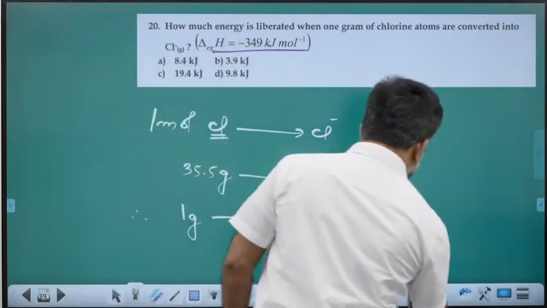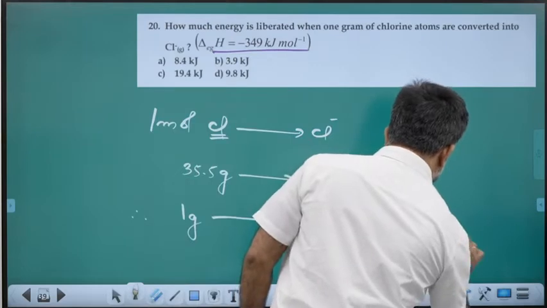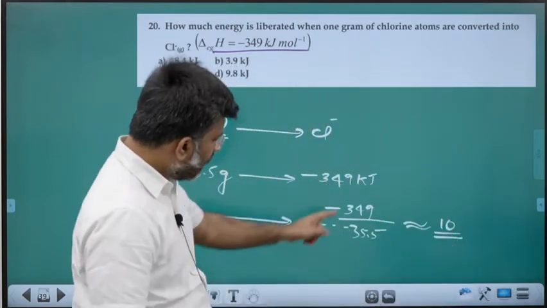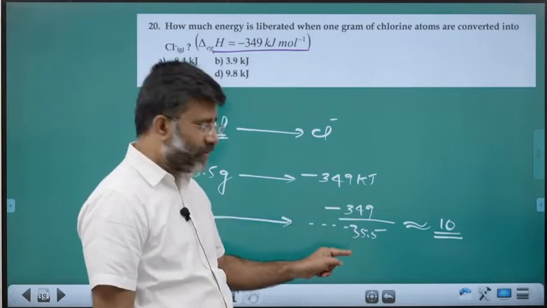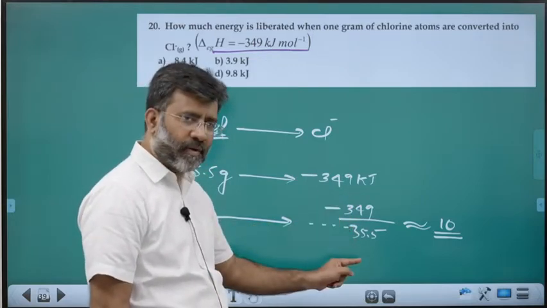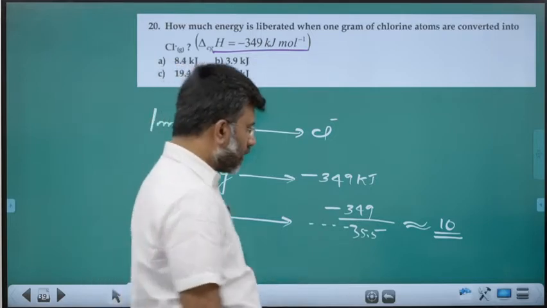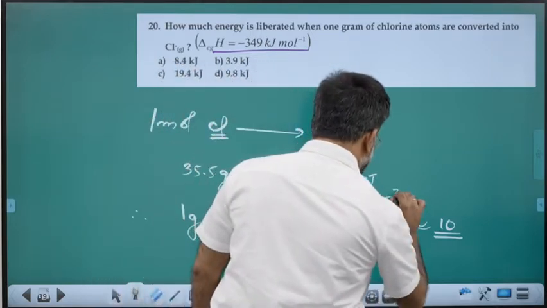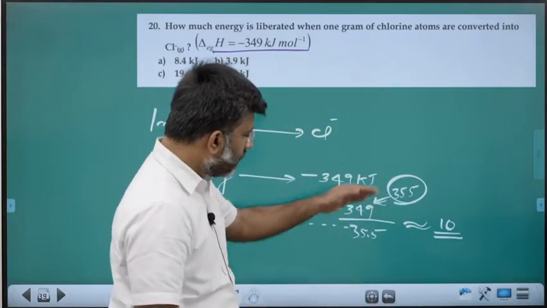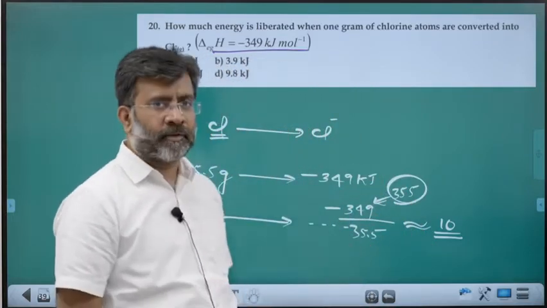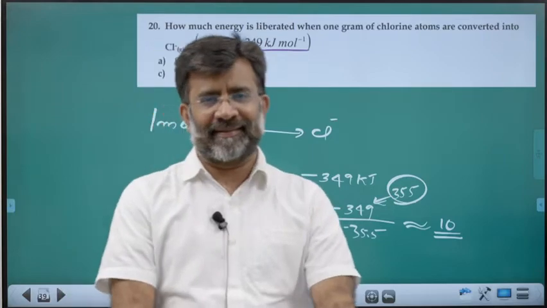The approximate answer will be 10. Suppose you are assuming 35.5 to be 35, just imagine. Then it is 350 by 35. It is 10. So the approximate figure is 10.